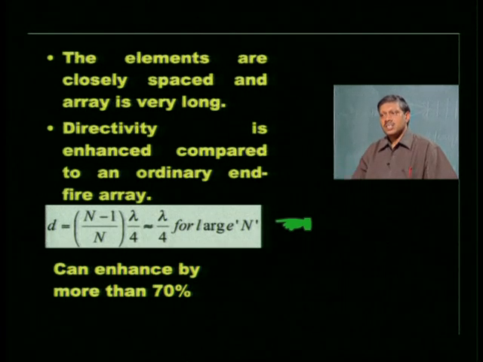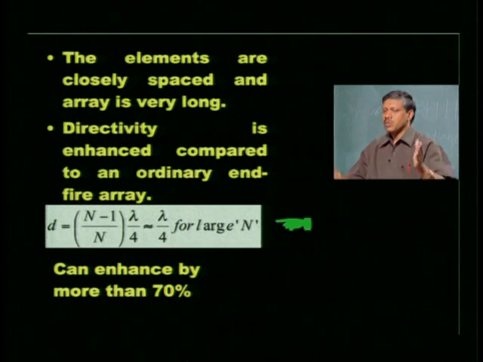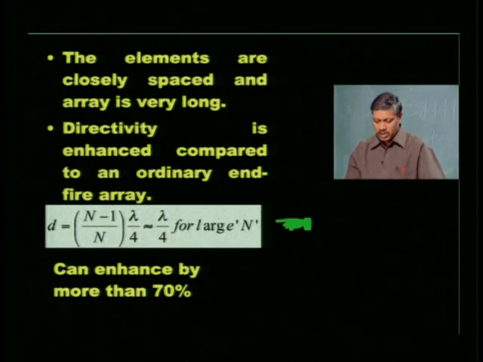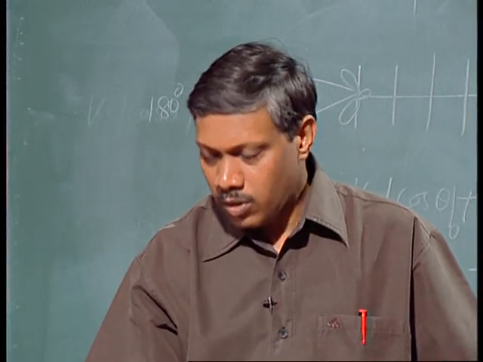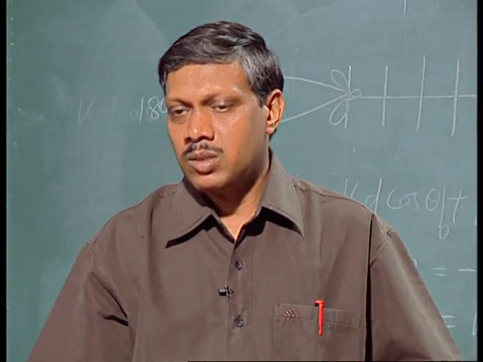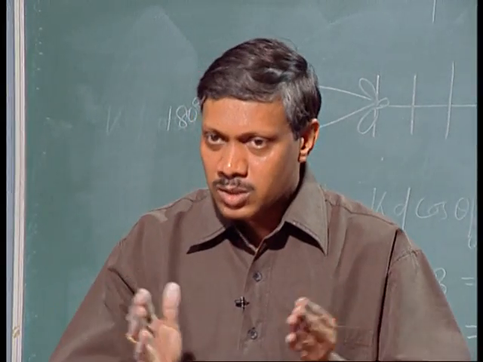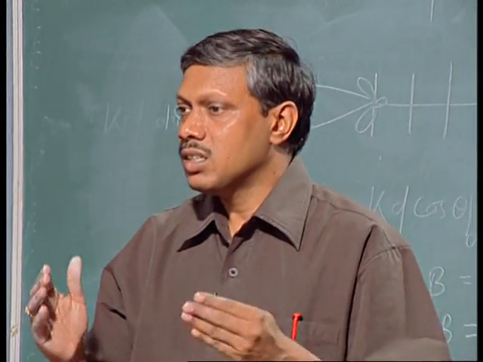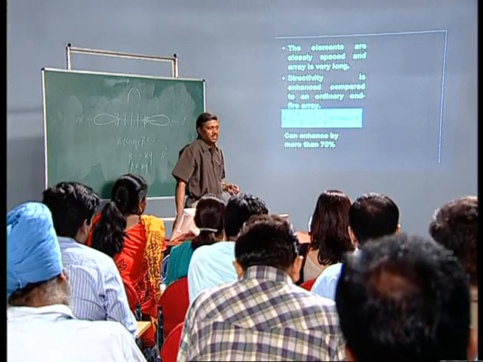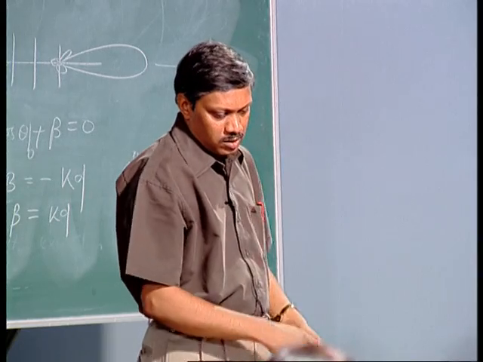That is why the separation between the elements of the end fire array under the Hansen-Woodward condition is lambda by 4. Because of this pi by n addition, the array gives more than 70% enhancement in the directivity. Depending on your spacing, you will get different enhancement in the directivity, 73%, 74%. When we solve some problems in this direction, I will show you how it is done.